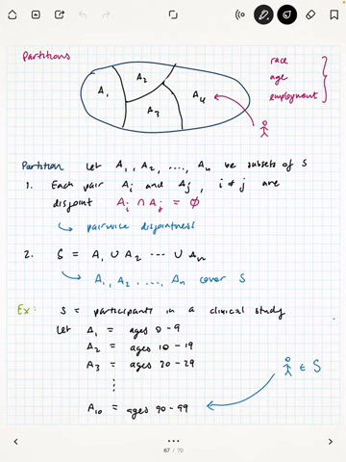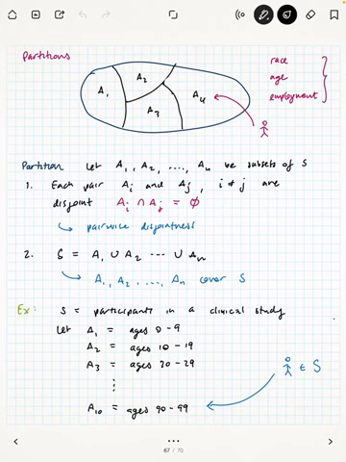A sub 3 is the group of people aged 20 through 29, and so on until we get to the group of people aged 90 to 99. We're going to suppose that nobody in this group is older than 99. So it should be clear now that any participant in this clinical study is going to fit into one of these categories and only one.